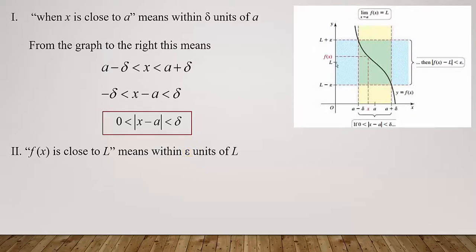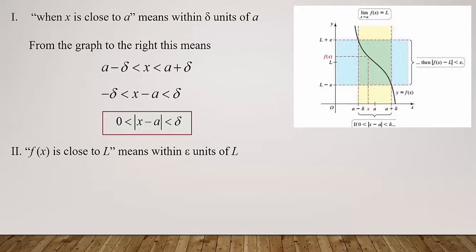It looks like right here, that's L, that's our limit. So as x approaches a, it looks like the limit is L. So we want f of x to be within epsilon units of L. Well, if I'm within epsilon units of L, that means an upper bound would be L plus epsilon, and a lower bound would be L minus epsilon.